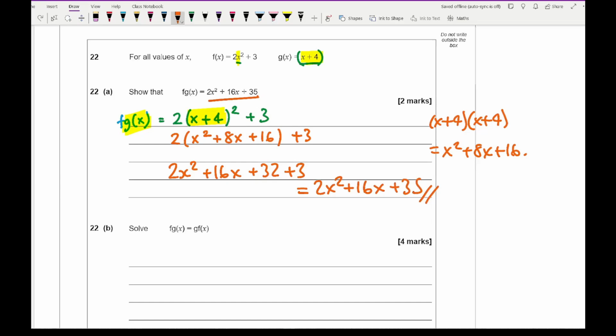It then says solve f of x equals g f of x. Well, f g of x, that's part A. So that's going to be 2x squared plus 16x plus 35 equals, now for this, I need to swap x in g of x with this.